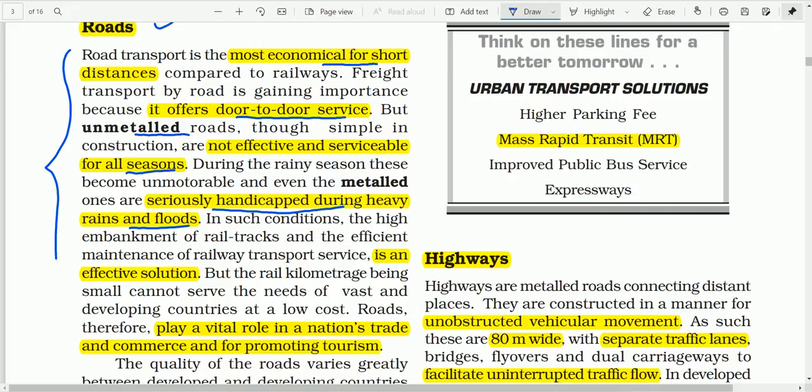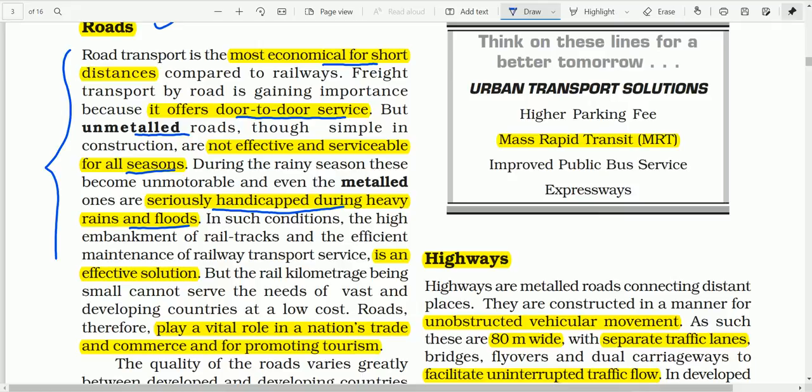So unmetalled roads are not effective and serviceable for all seasons because during the rainy season they are unmotorable, and even the metalled roads sometimes, during the flood and during heavy rainfall for long days, it becomes a serious handicap.